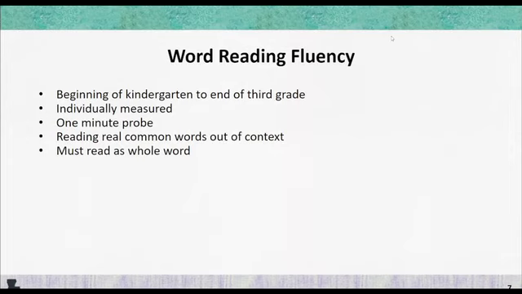Please pause the video and refer to pages 73 to 75 of the Administration and Scoring Guide on how to properly administer and score this measure. You will then watch a model of scoring and administering the word reading fluency measure with up to 2 times for you to practice.